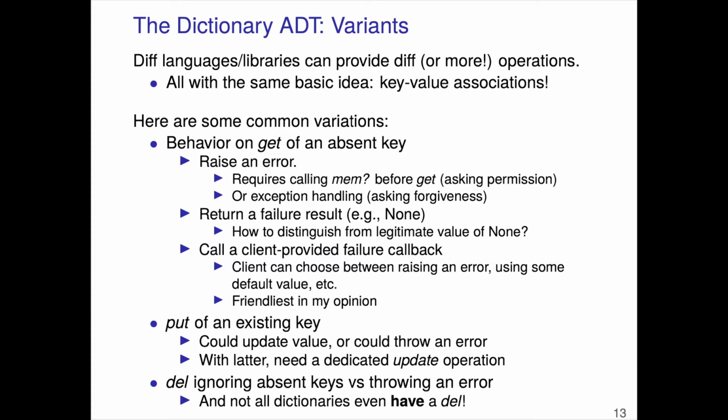And for delete, we ignore the keys that are not present, but if the parameter has a valid key that can be removed, we just remove the key value pair together.